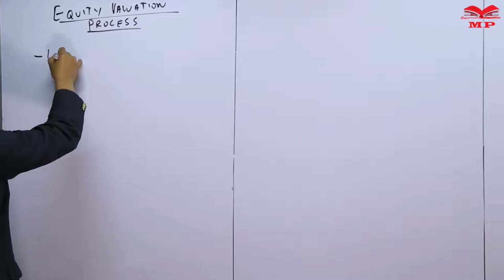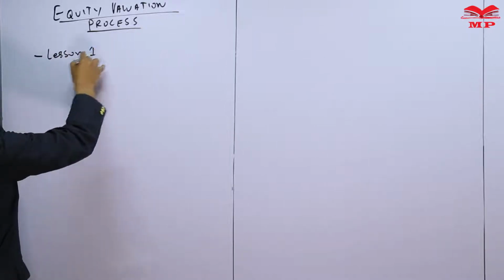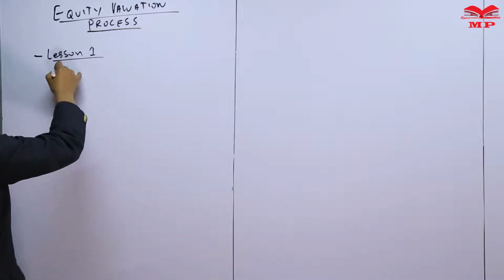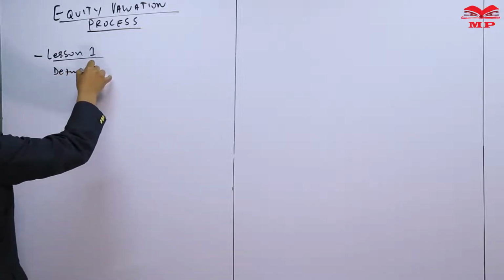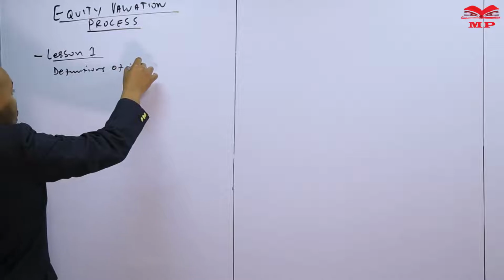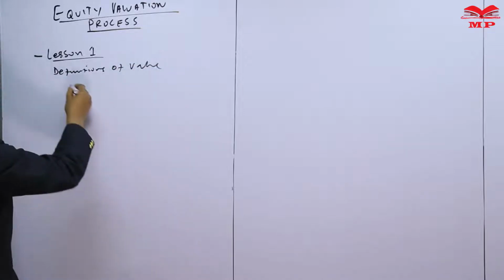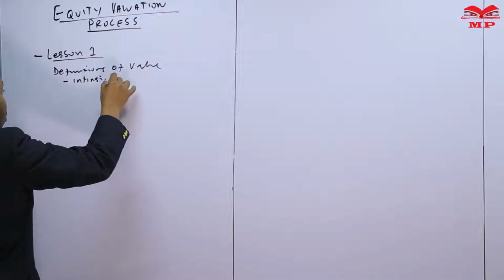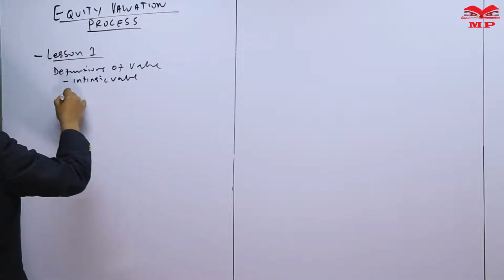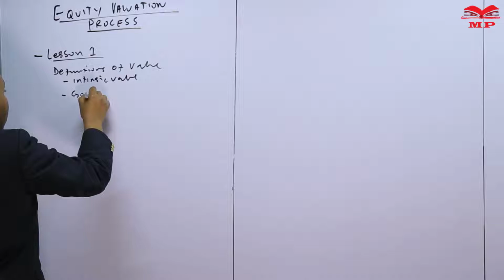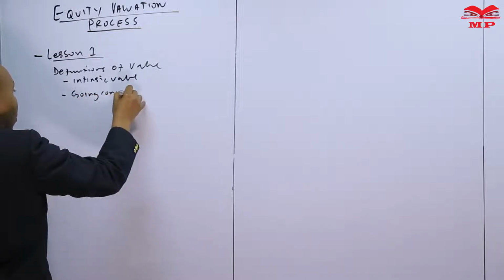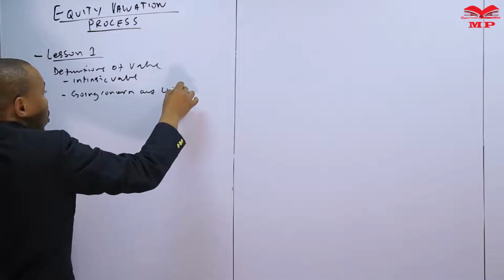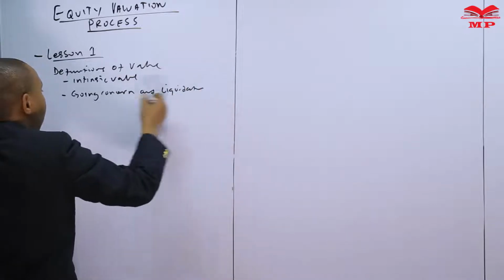So in lesson 1, we looked at the definitions of value, which include the intrinsic value, going concern and liquidation value.